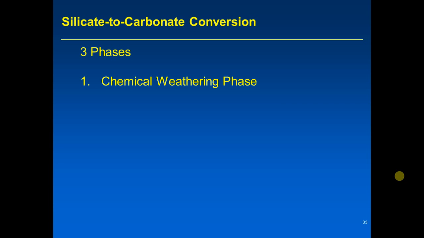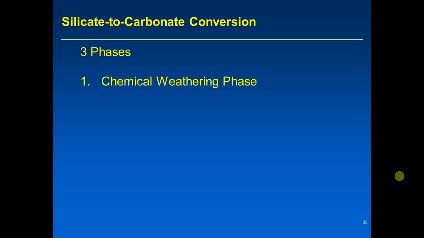Well, really, in reality, chemical weathering is just one part or one phase of the silicate to carbonate conversion process. So perhaps it's better to call that first component of the long-term carbon cycle the silicate to carbonate conversion process, because chemical weathering is part of it, but only one phase.